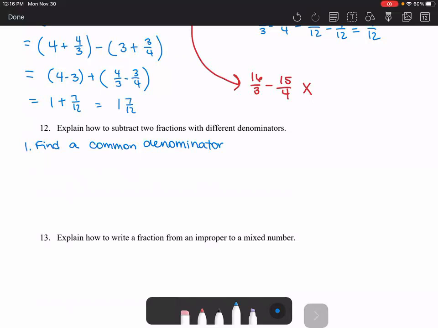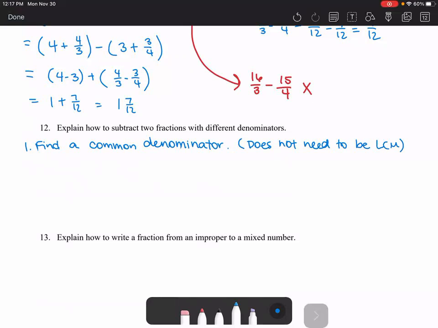A lot of times it's easier, at least to some students, to just multiply the denominators, because then you don't even have to think about that least common multiple stuff. You can subtract fractions without finding the LCM of the denominators. So don't tell the students that it has to be, because that's not true.